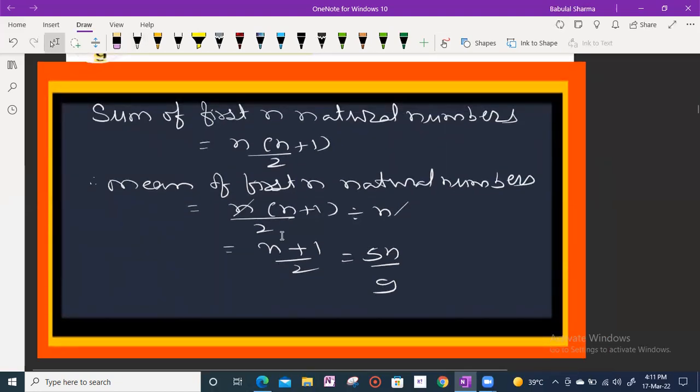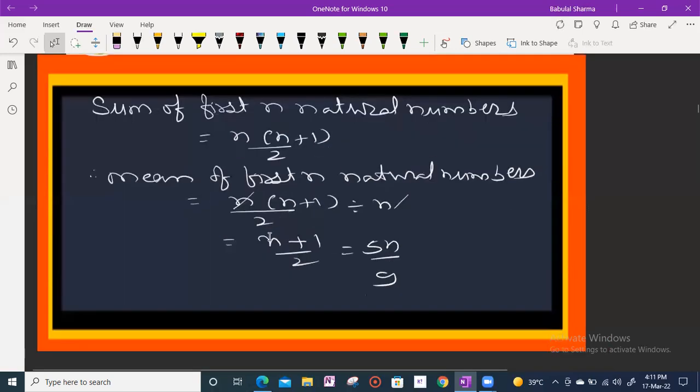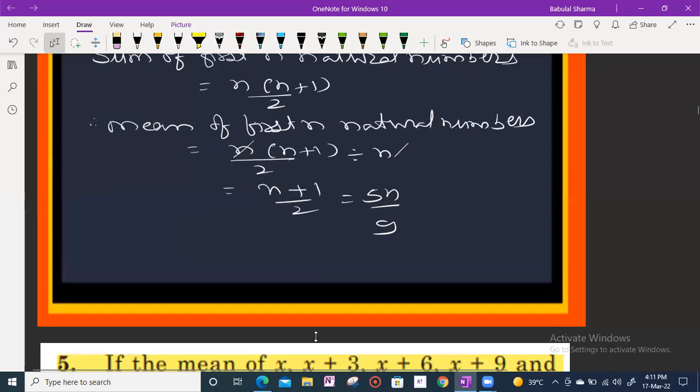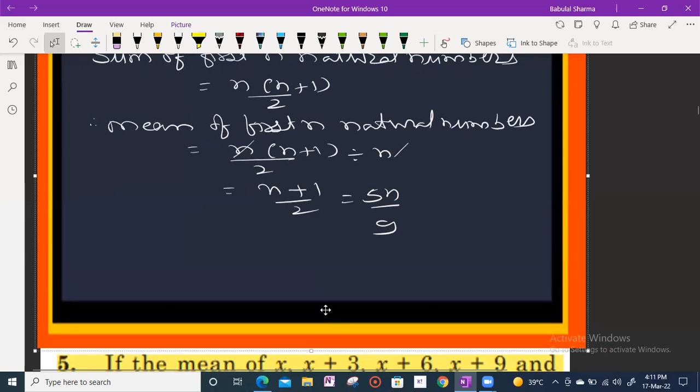On cross multiplication and further simplification, it gives us 9n plus 9 equals 10n.